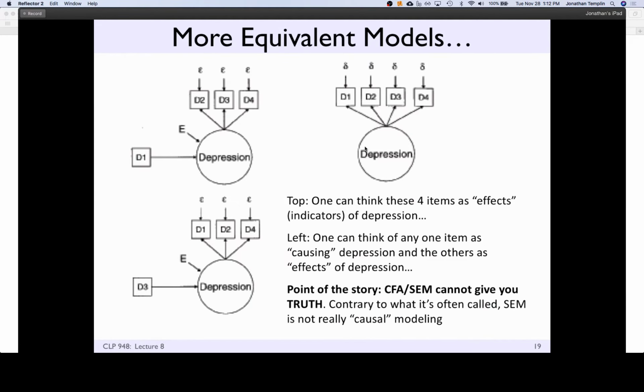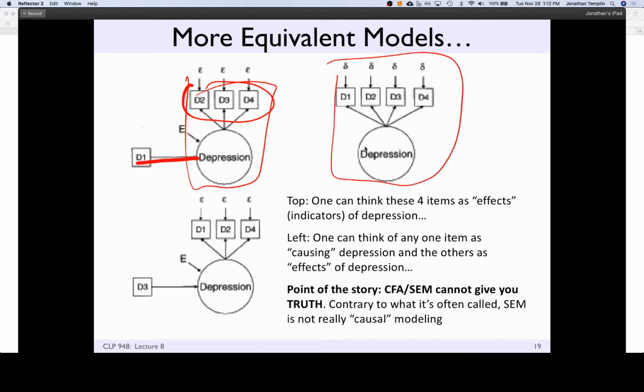Here's some more equivalent models. If we had depression being measured by 3 variables and then being predicted by 1 variable, right? That's equivalent to having depression being measured by 4 variables. Ouch. All right?